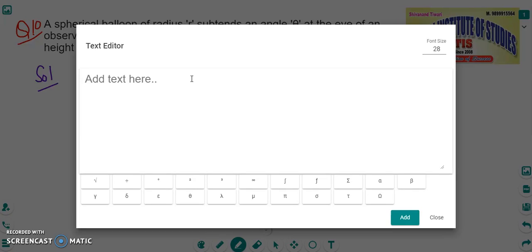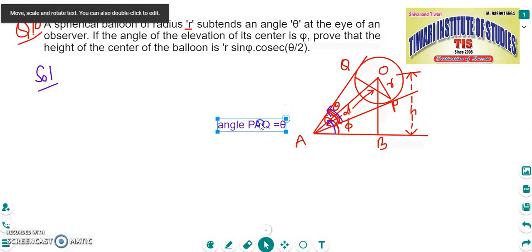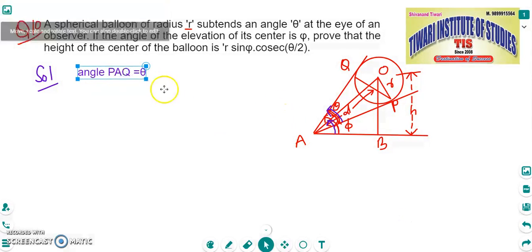As you can see here, angle PAQ is how much? Theta. You can see here angle PAQ is theta.